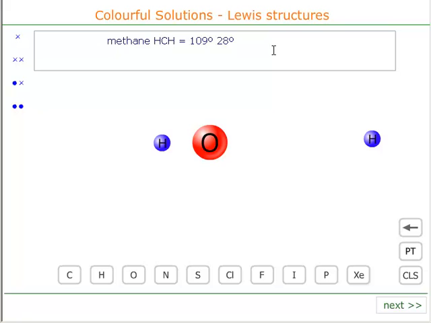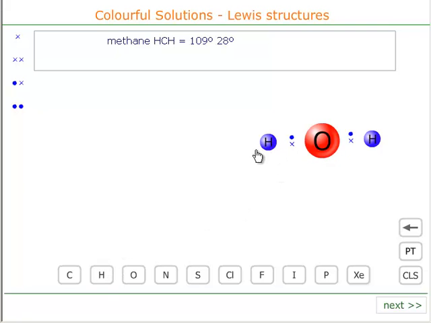Each hydrogen is going to be bonded by a shared pair of electrons. If we do our accountancy, the 6 electrons from the oxygen add to the 2 electrons from the hydrogens. That makes 8 electrons altogether. But we've used 4 in bonding, which means there are still 2 lone pairs on the oxygen.